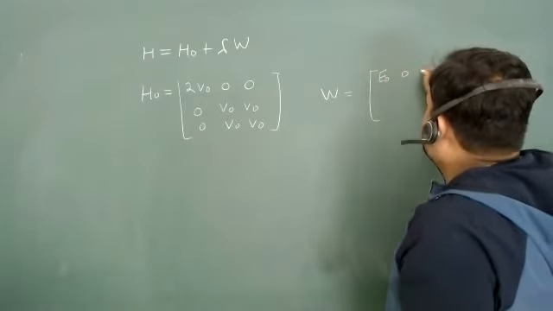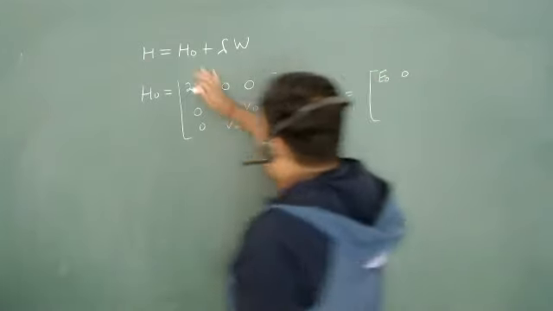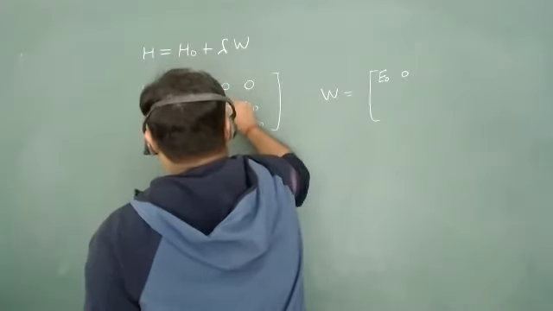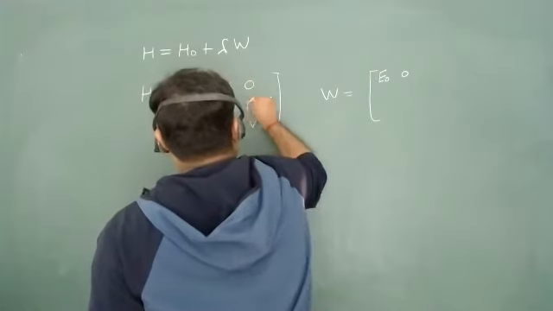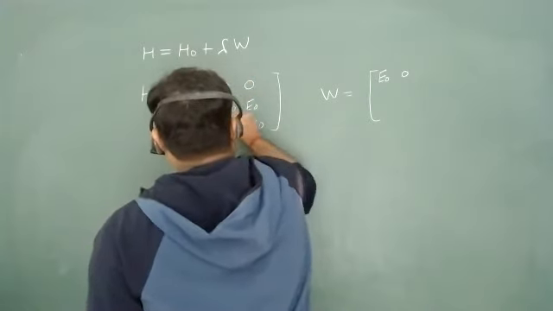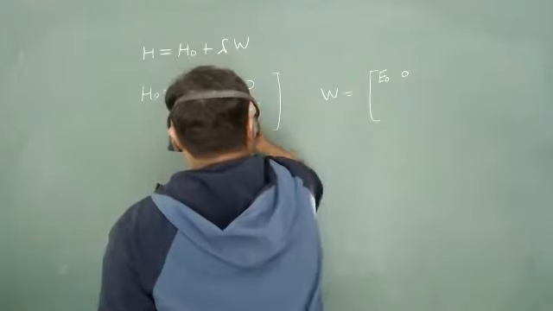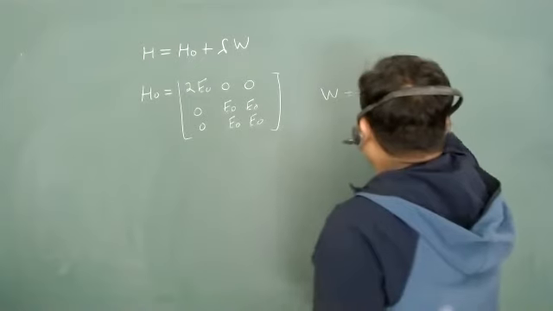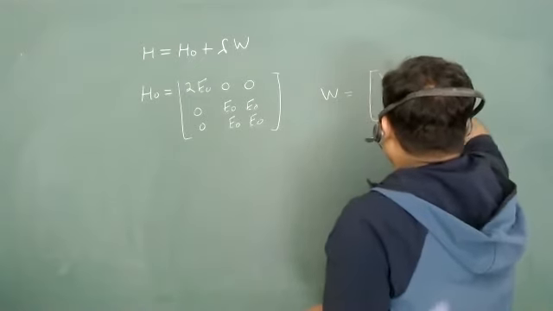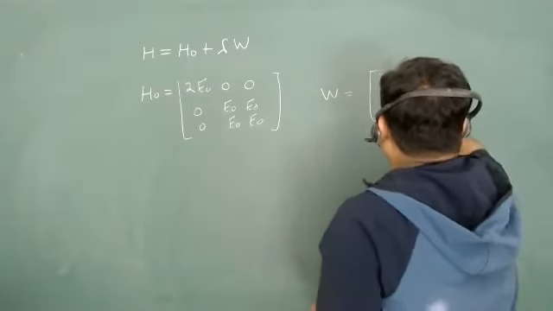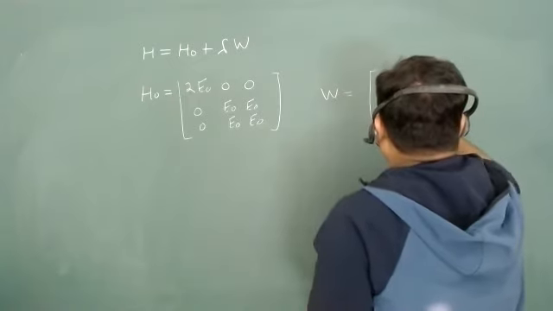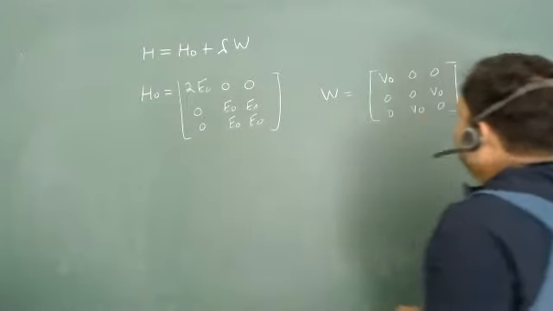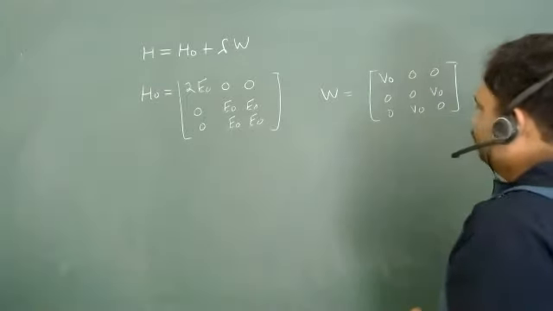Let us write E naught here. Let us go for this one as V naught 0 0, 0 0 V naught 0 0. Let us try to go for this problem. Let us see what is going to happen.